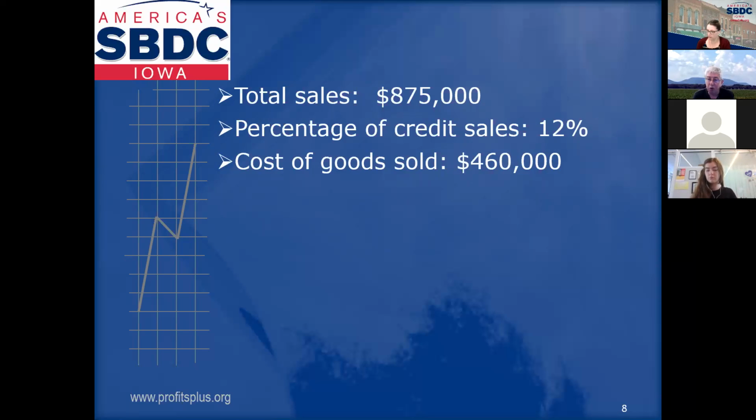How much inventory do you have on hand at the beginning, at cost? Add to that number how much inventory did you receive? Now hear the word receive. This is not how much inventory did you pay for. This is not how much inventory did you order.